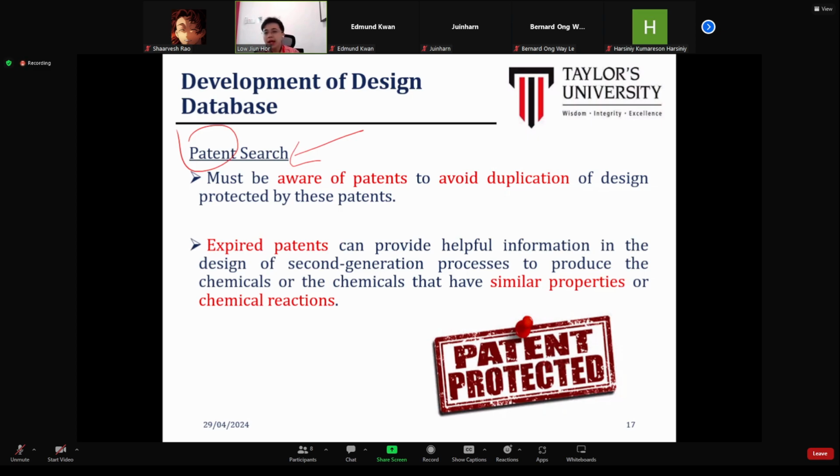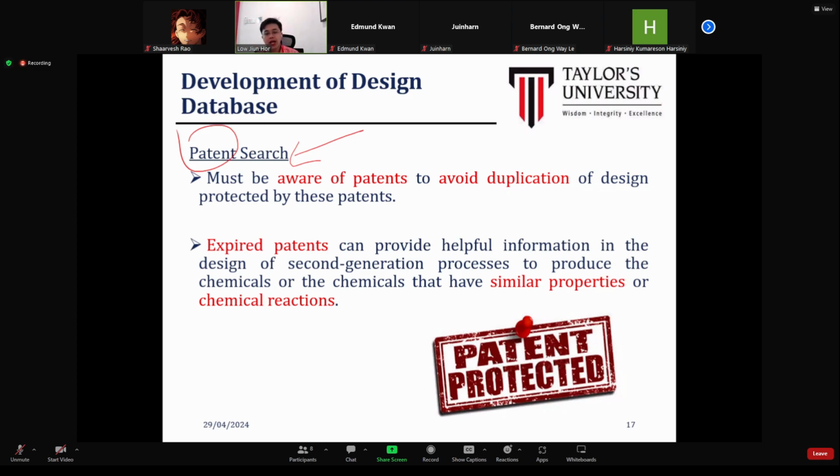If I'm not mistaken, normally a patent can only last for 10 years. After 10 years, if they want to extend, they can extend for another 10 years. So normally a design can only be protected under IP for a maximum of 20 years.